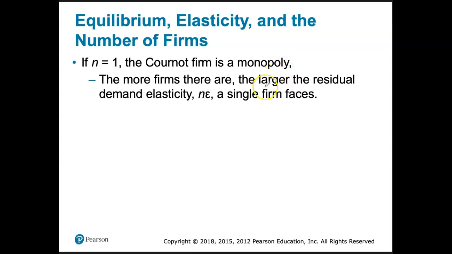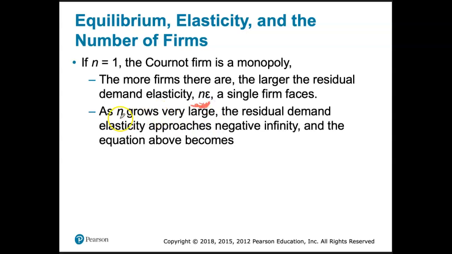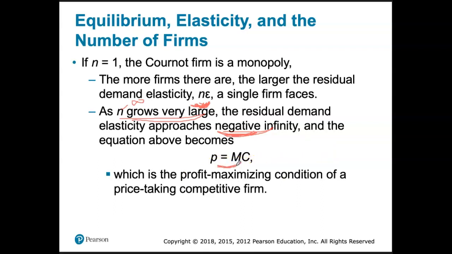The more firms there are, the larger the residual demand elasticity, which is N times epsilon, that a single firm faces. As N grows very large, the residual demand elasticity approaches negative infinity, and the equation becomes P equals MC, which is the profit maximizing condition of a price-taking competitive firm, as we saw in chapter 11.